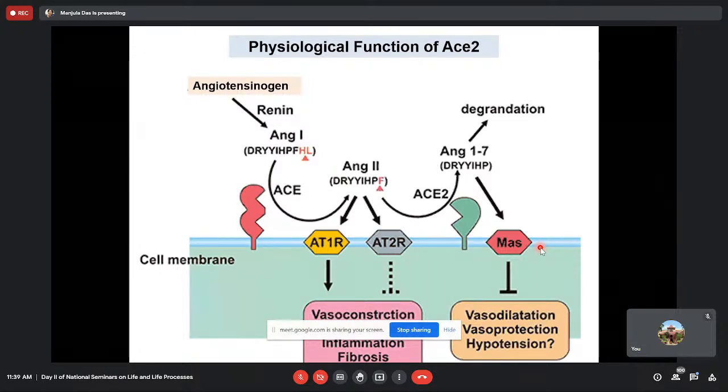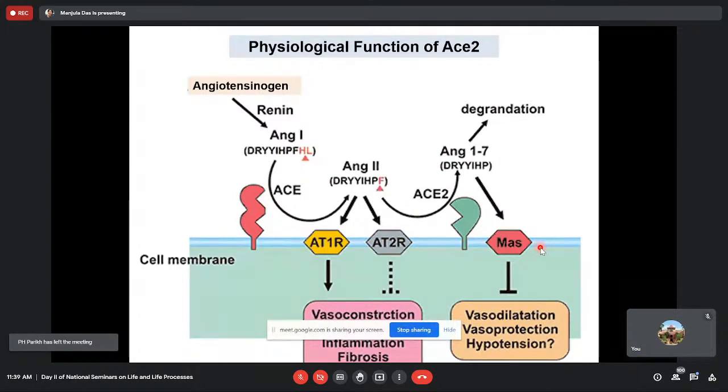The active renin catalyzes the cleavage of the glycoprotein angiotensinogen, generating angiotensin 1. This Ang1 is cleaved by the angiotensin converting enzyme, which is ACE, different from ACE2, to produce angiotensin 2.